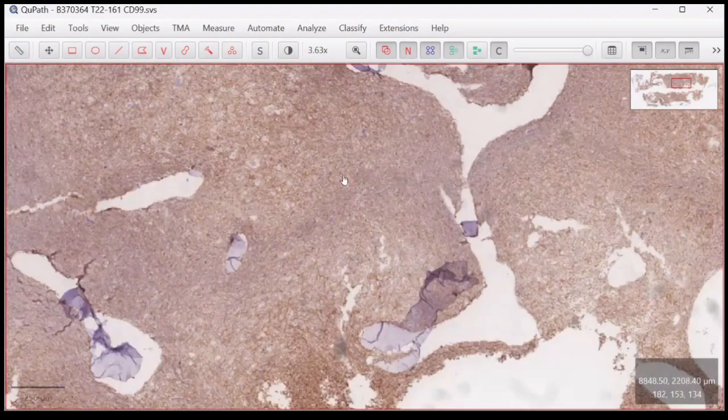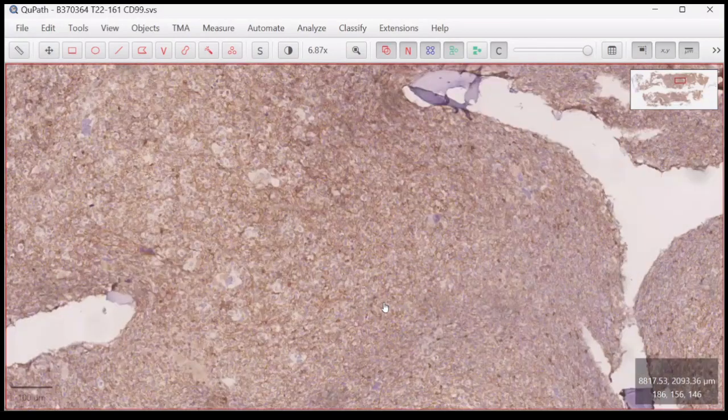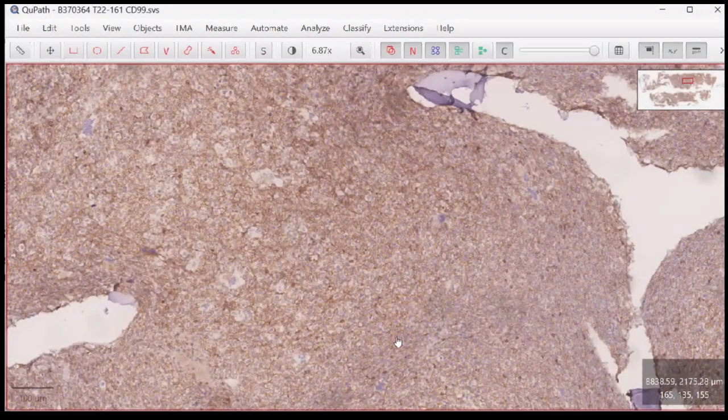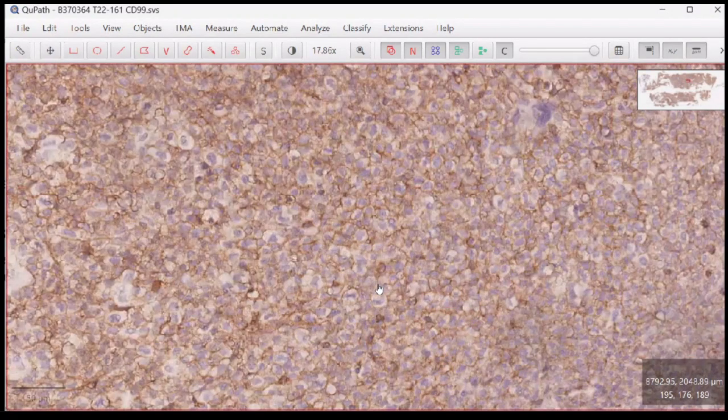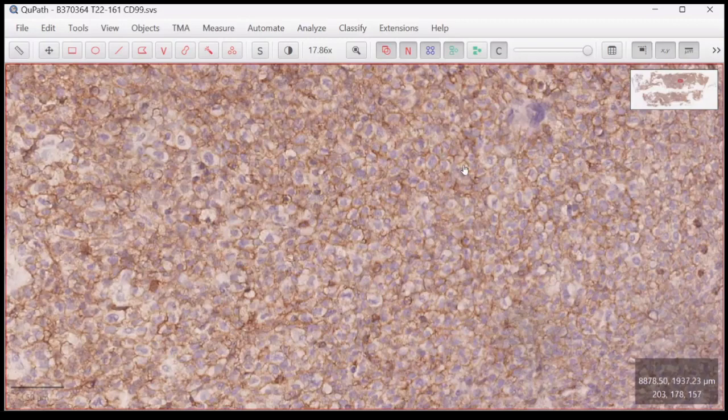It is quite reliable in this context because we know the HNE shows all blasts, isn't it? Using CD99 in this context is quite okay. I mean, CD99 is not specific. It just indicates immature cells.